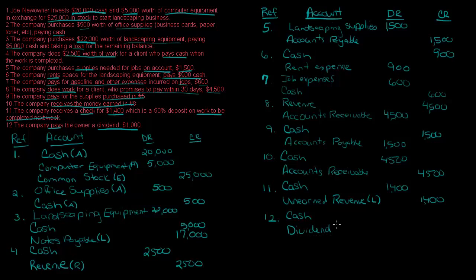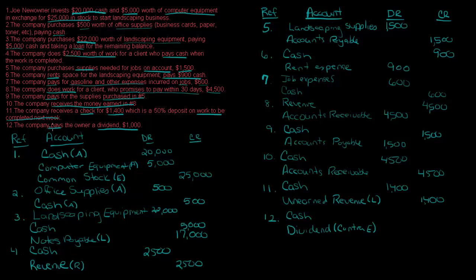Okay, what type of account is a dividend? Well, actually, it is a type of equity account called a contra equity account. A contra equity account works contrary, it contradicts what a normal equity account would do.